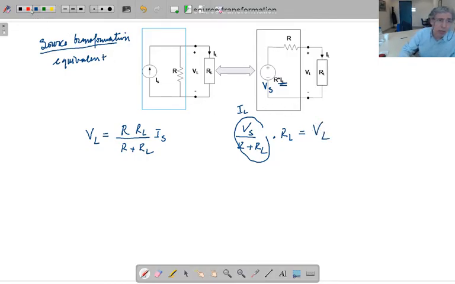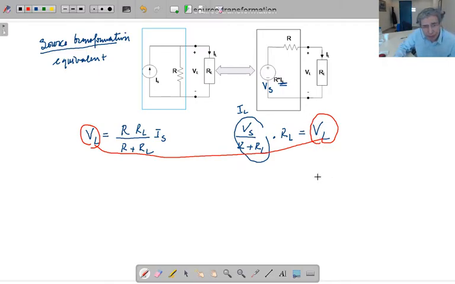Now what we are saying is that this VL should be the same as this VL. How could that happen? So look at these two equations now, the right hand side here, left hand side here. This RL over R plus RL ratio is common in both of those.